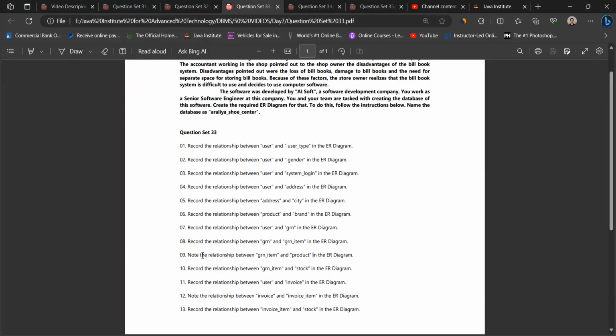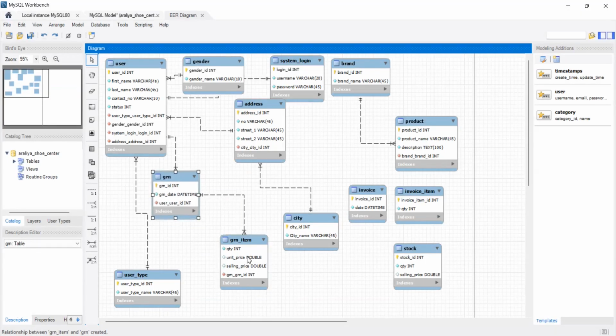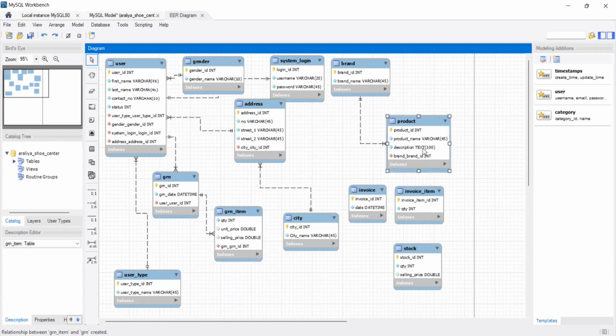So the next question, record the relationship between GRN item and product.